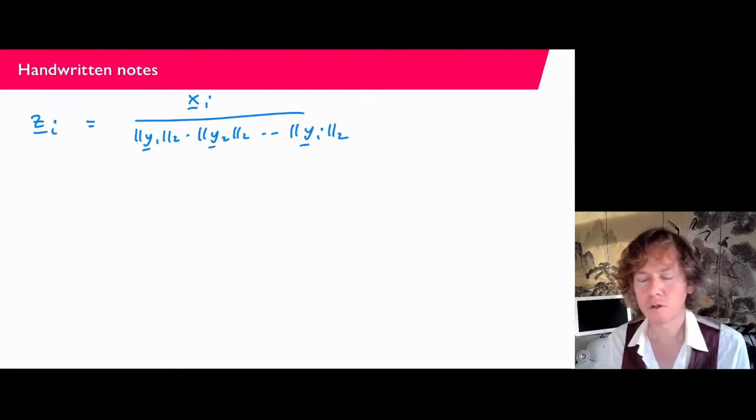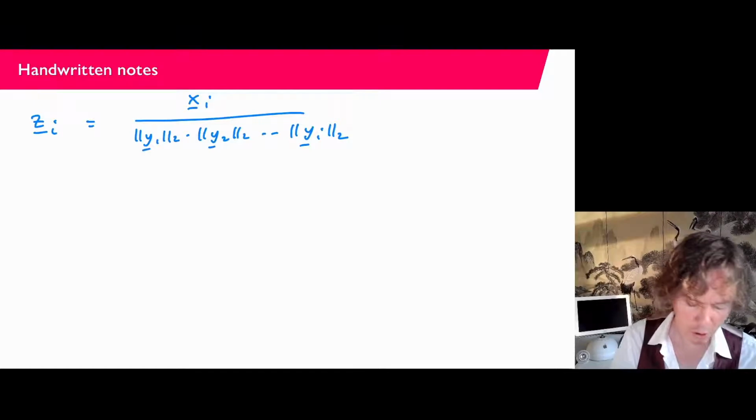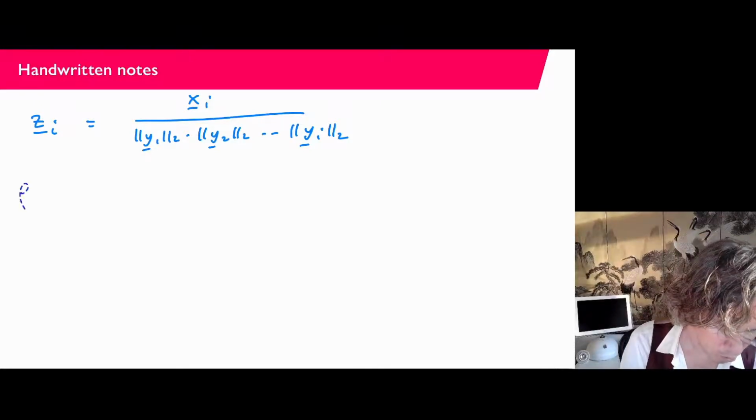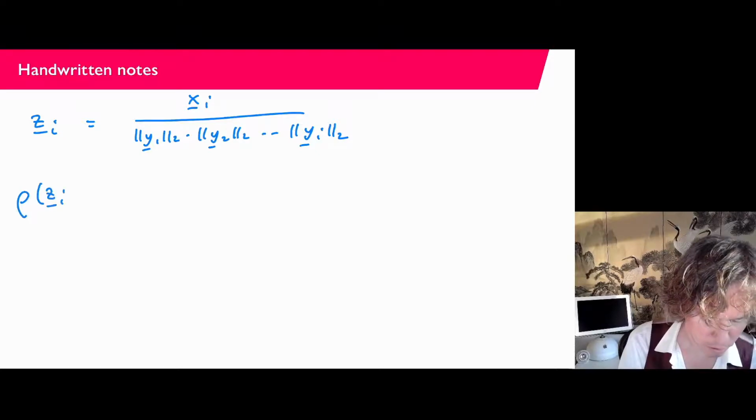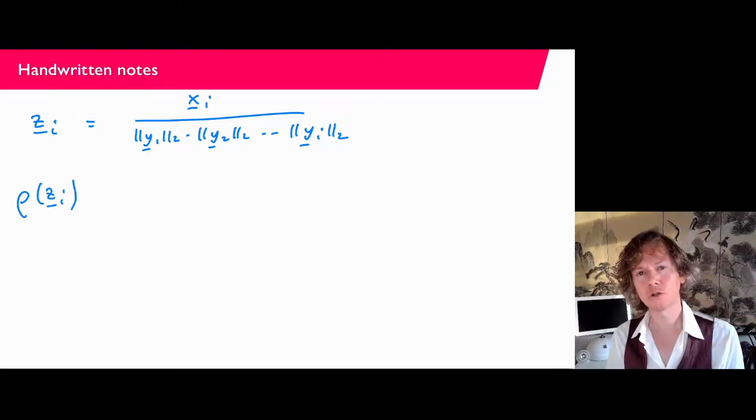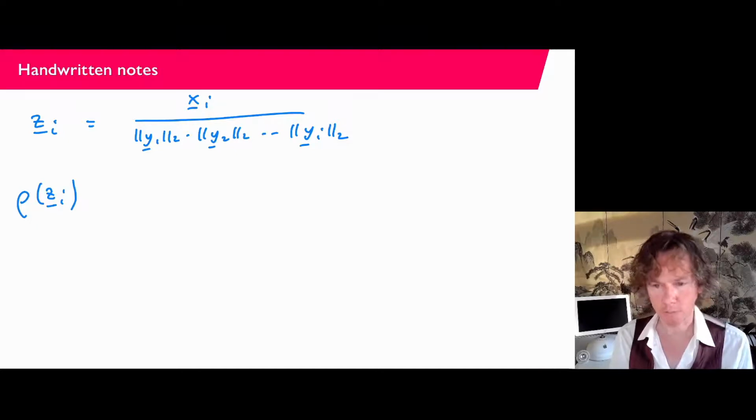And now what I would like to show is that the Rayleigh quotient rho of zi is the same as rho of xi.